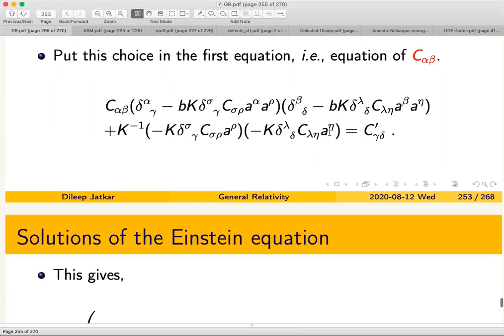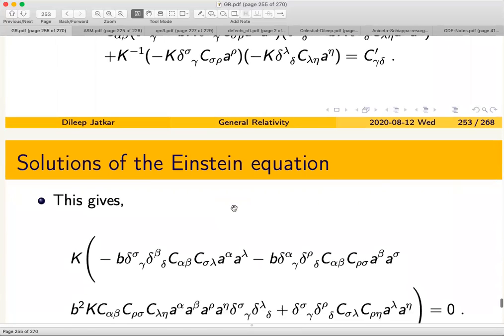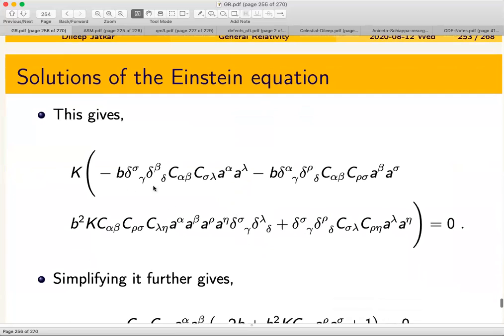There is an A rho and an eta, and then there is a term here which is A alpha A rho multiplying this delta, and this delta multiplying this A alpha A rho. So there are terms which are quadratic in A, and then there exists one term which is quartic in A, which is A alpha A rho times A beta A eta. If you collect all these pieces, you get an expression which looks like this.